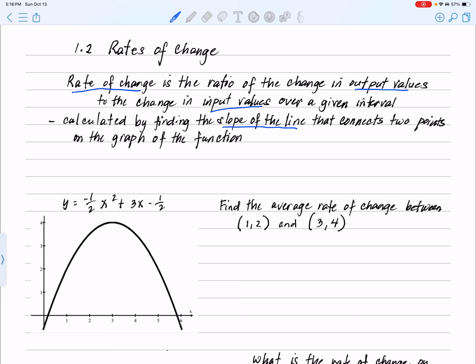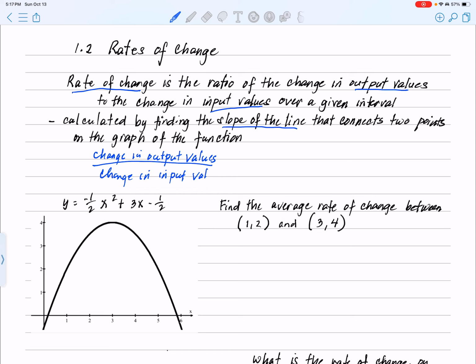If we try to remember, or basing on the definition itself, it is the change in output values over the change in the input values.